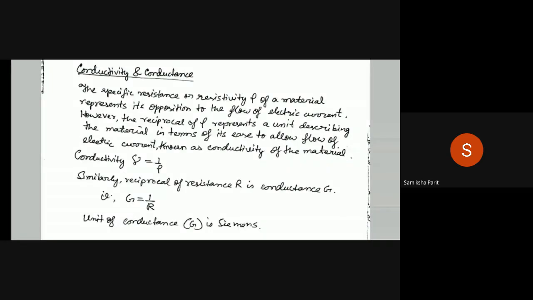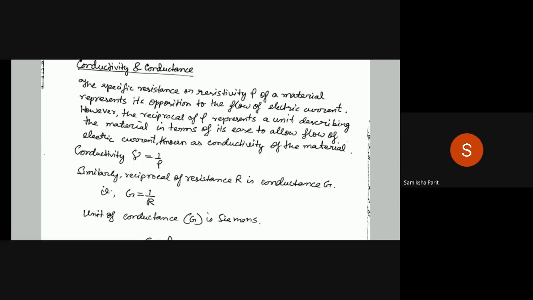However, the reciprocal of resistivity represents a unit describing the material in terms of its ease to allow the flow of electric current. That is known as the conductivity of the material.